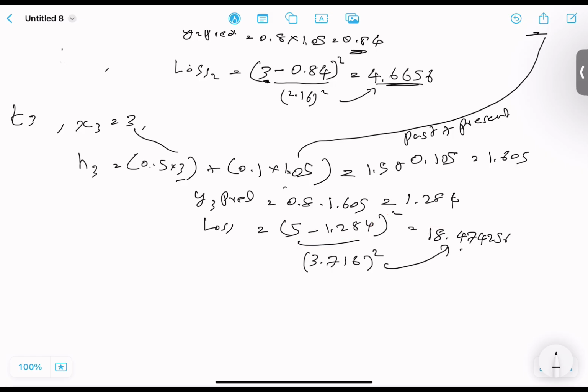So this will be the loss at time step 3. Likewise, in a real neural network this calculation goes this way for all the inputs.